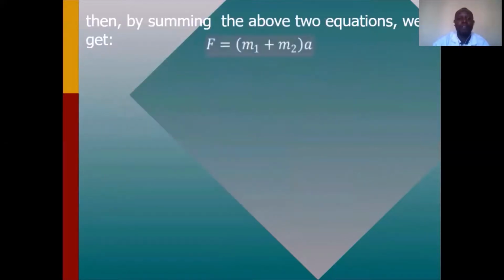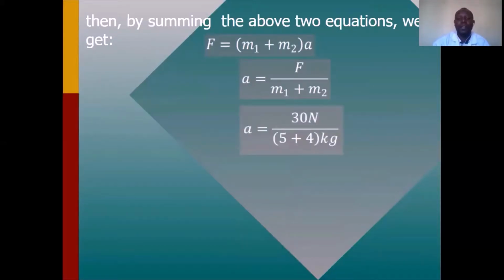We are going to have F equal to M1 plus M2 times acceleration. Now, this equation helps us get the acceleration of the system. The acceleration is equal to force F divided by M1 plus M2, which is equal to 3.33 meters per second squared.